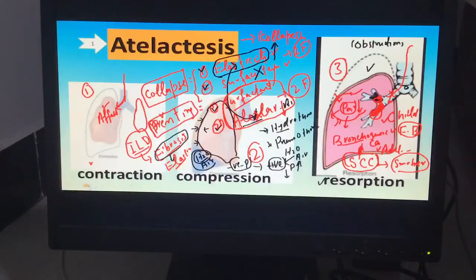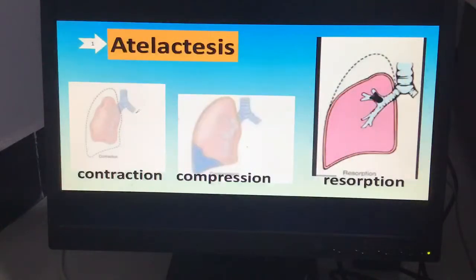I will try to erase all these things, then we can make it more clear. Now, okay, see, if this lung collapses, what happens with this trachea? This is the trachea. Now this trachea can deviate because of the pulling here, pulling done by this lung. This lung undergoes contraction. When it undergoes contraction, what happens with this lung?